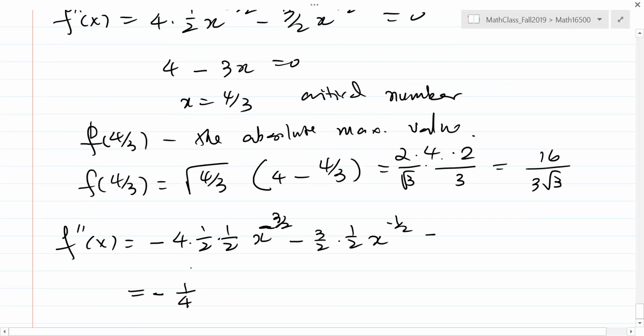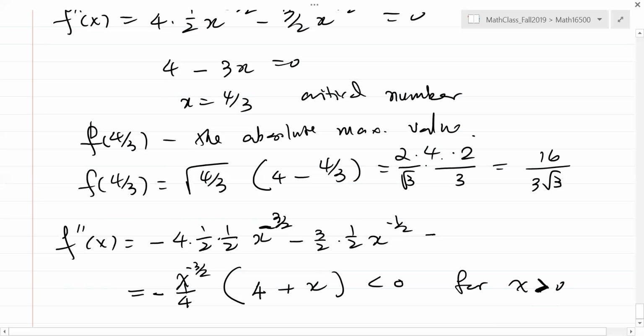Also take x to the negative 3/2 out. So I get a 4 plus x. Yeah, be careful with the sign. It looks like it's always positive for x greater than 0.